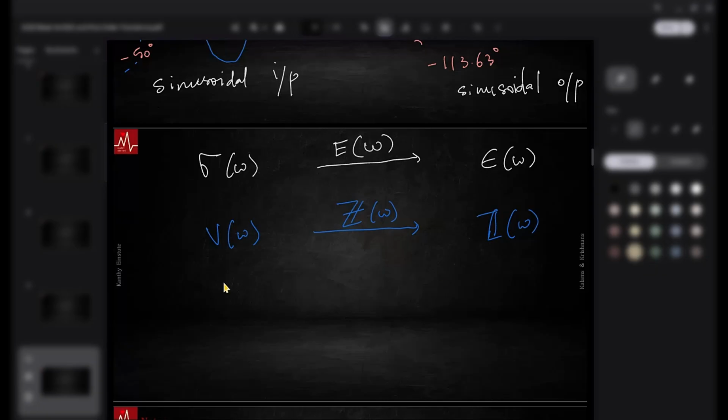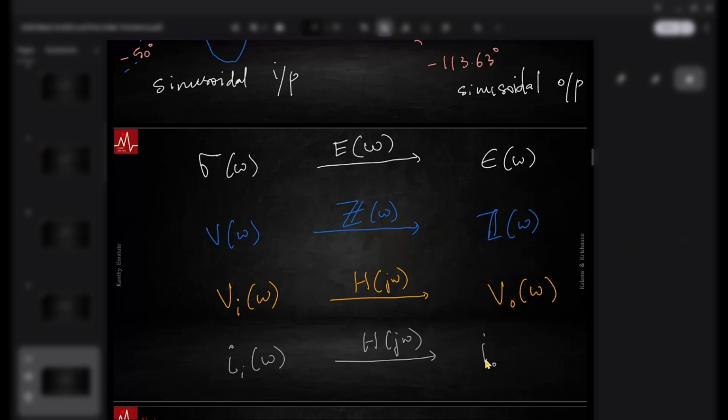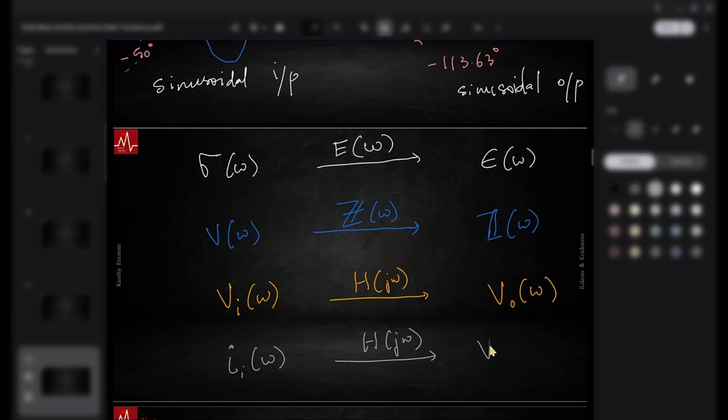You could also do, let's say, input voltage. It goes through a system, H of j omega. This becomes the output voltage. This is applicable to any system. You could have an input current that goes through a system of j omega, and you can get an output voltage. The input could be current and the output could be current or voltage of interest.